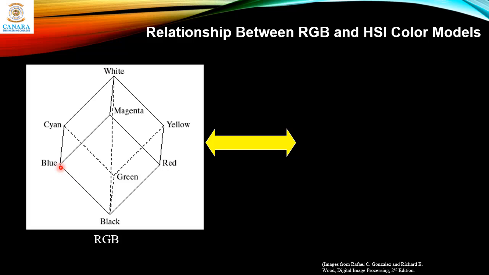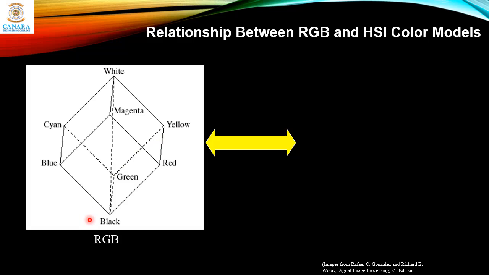So between blue and red you get magenta, and between red and green you get yellow, and between green and blue you get cyan. So that relationship will always hold. No matter which model you are using, when you mix blue and green you will always get cyan, and green and red will always generate yellow.